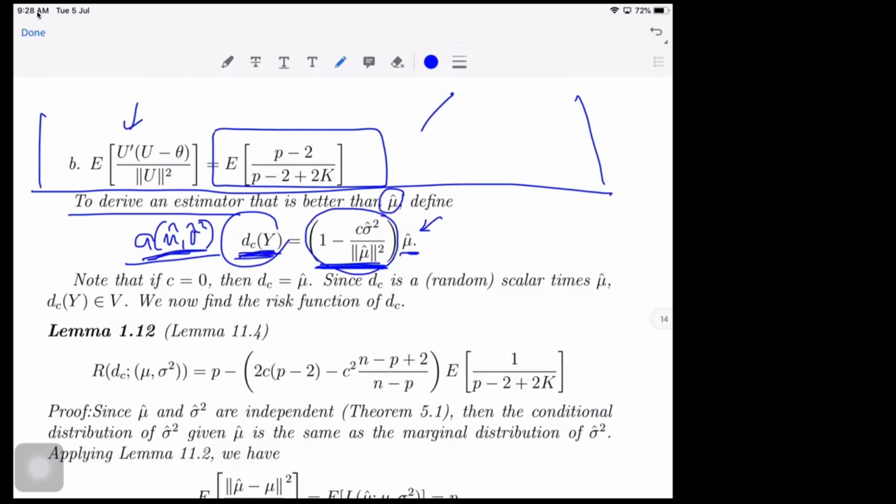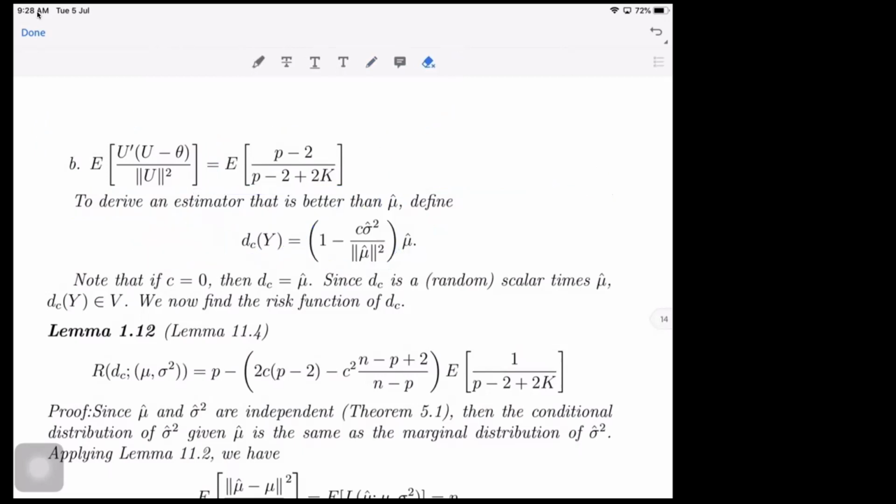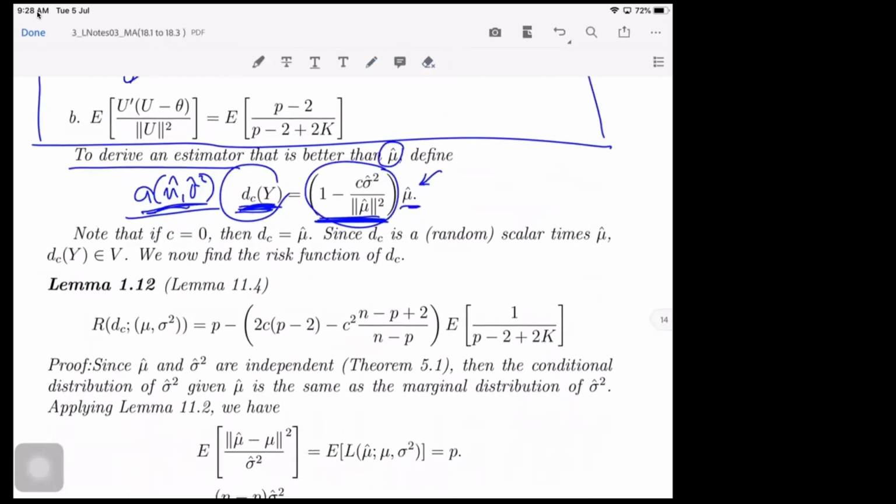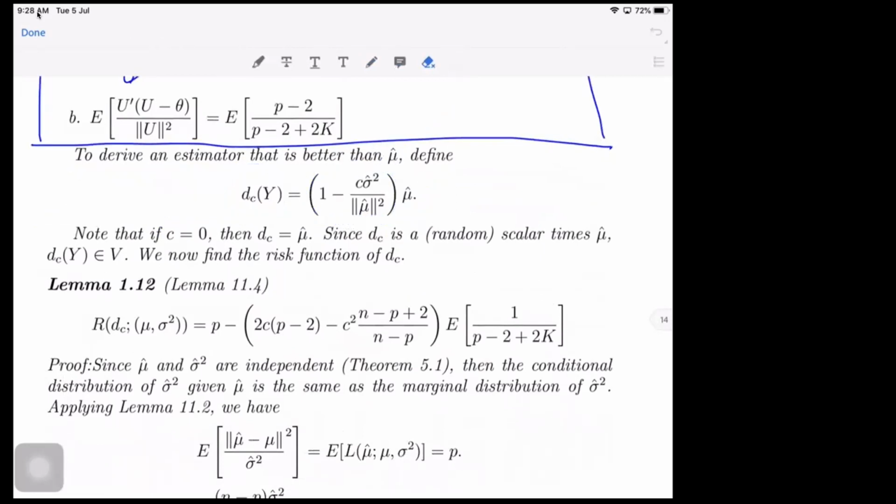Let us originally call it d_c of y, or an estimator that is dependent on C. Morning na I see no, it is dependent on a value C that we have to find out pa later.